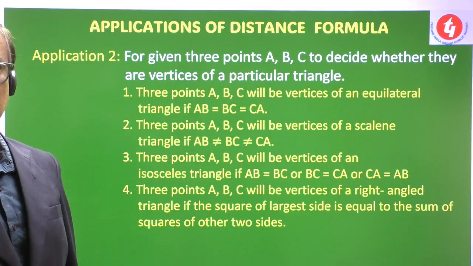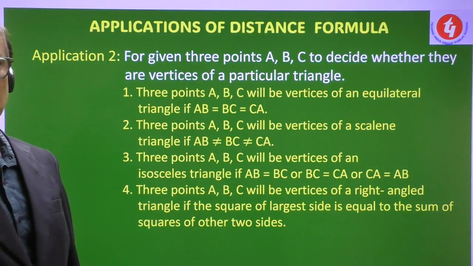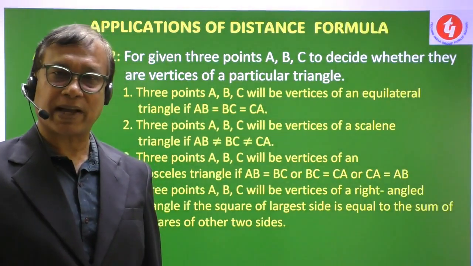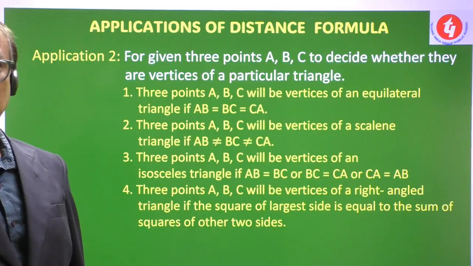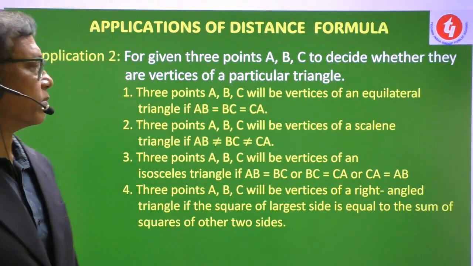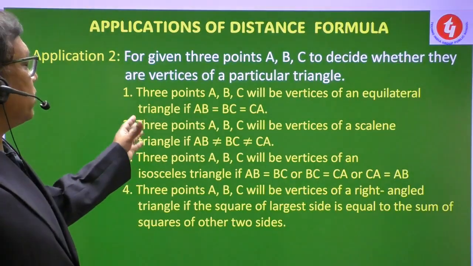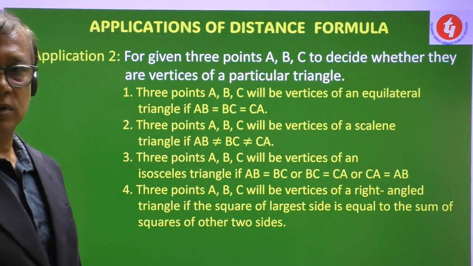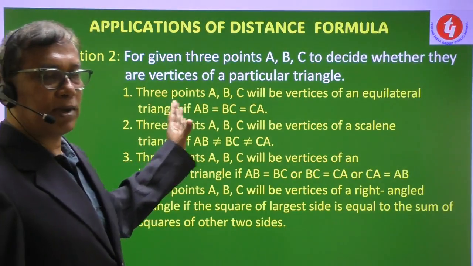So how can we check for the given 3 points which are the vertices of a triangle, the particular type of triangle we have to find out. Is it clear? So here also we find the 3 side lengths, say AB, BC, CA.